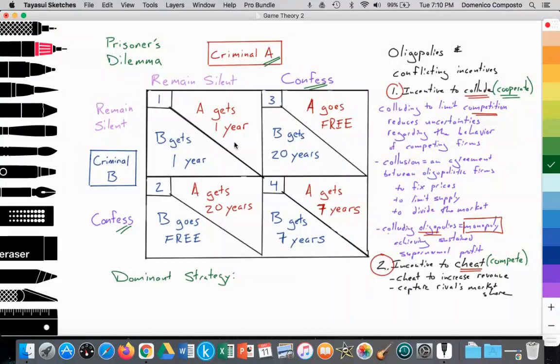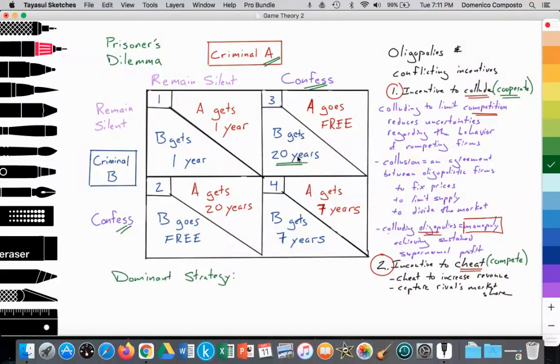Now, what is the dominant strategy? The dominant strategy in this case would be for criminal A or criminal B to confess. Even though that's not the best rational option, it allows them to not face the consequence of getting 20 years in prison while watching their partner in crime go free.